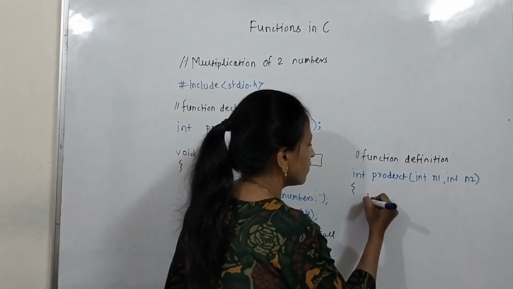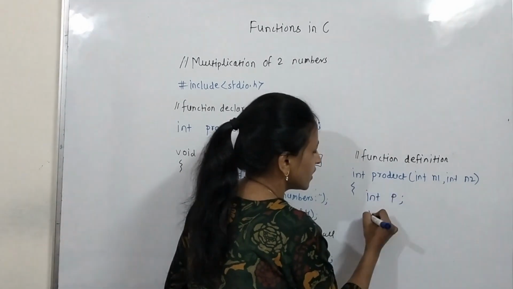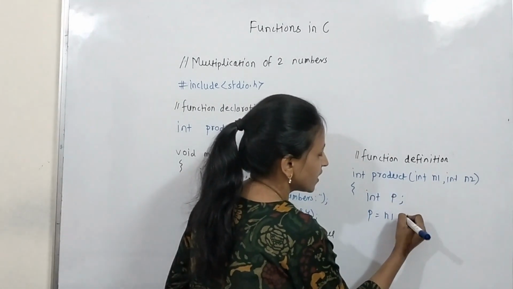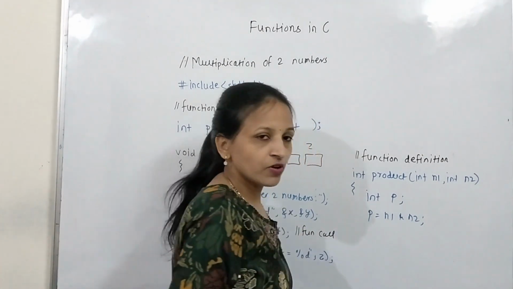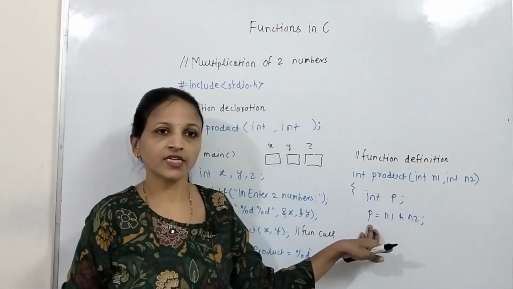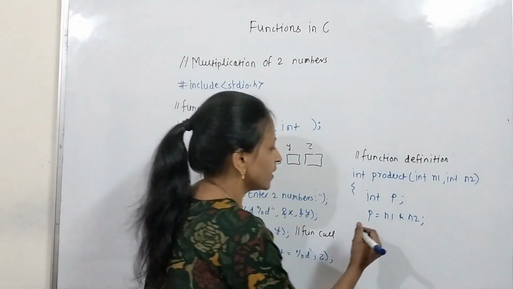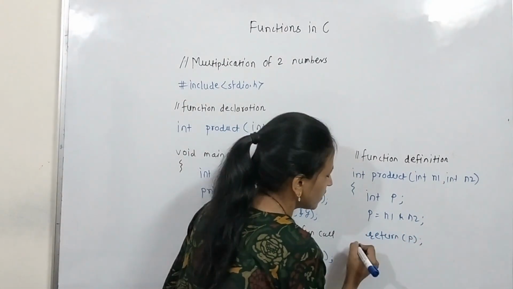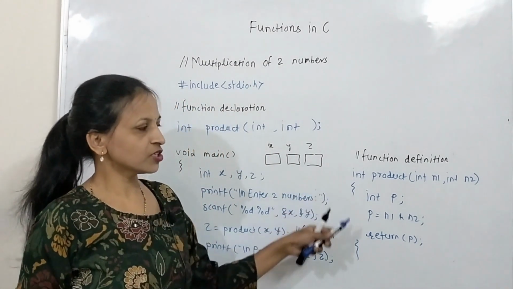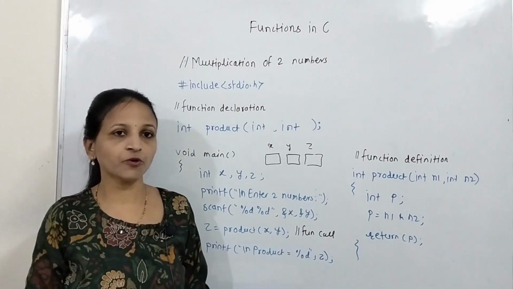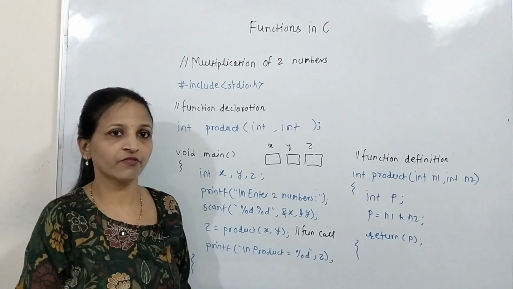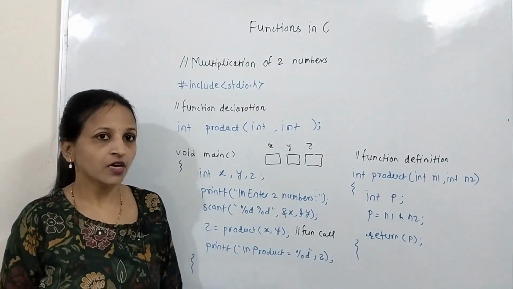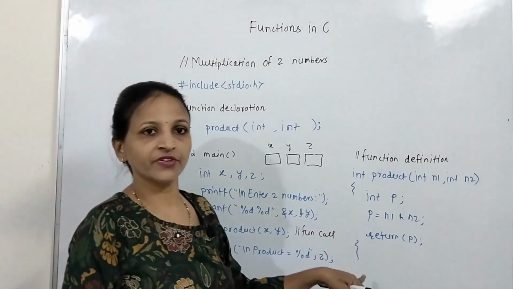Now see here, I will take one more variable, let it be p, and in that p I will compute n1 into n2, and whatever result is inside that p, we will return, like here, return p, in this way. Now this is the function definition, the processing that is required, we have done here.